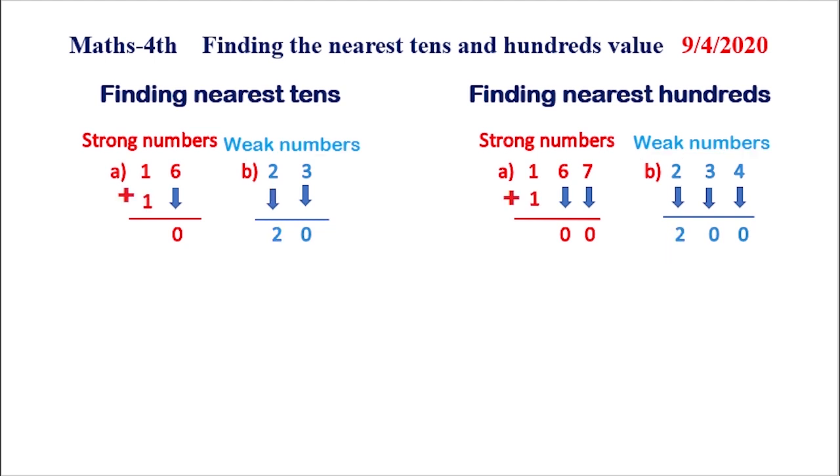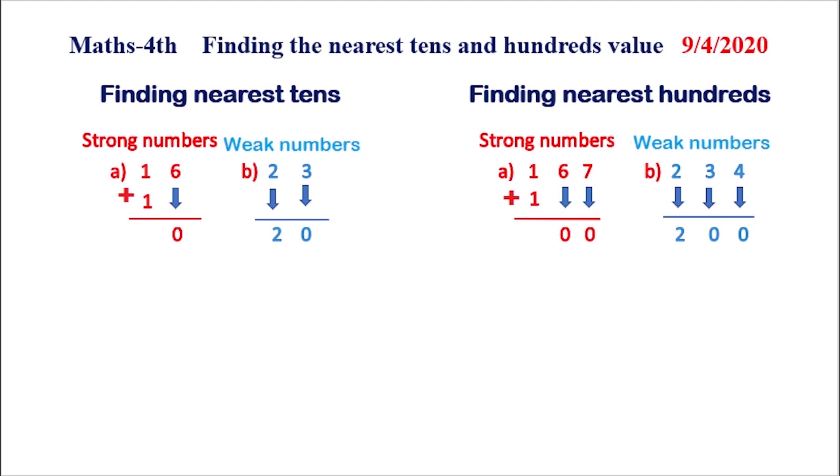Now let's solve the strong numbers, finding the nearest tens and the nearest hundreds. First convert the ones place into zero in finding tens, and convert the ones and tens numbers into 0 while finding the nearest hundreds.